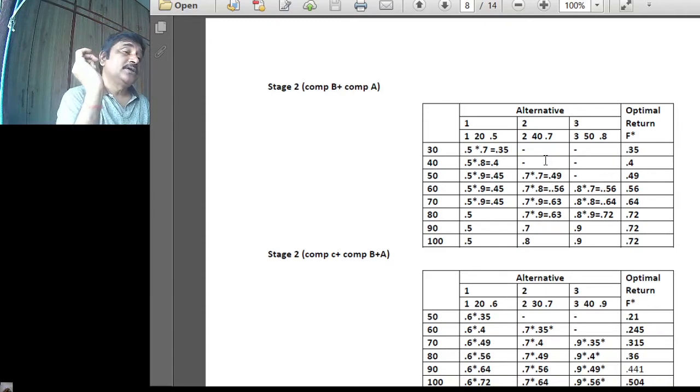How many rupees? 40 rupees are required just for component B, a 2 unit bank of component B, and after you consume 40 out of 40, from where will you purchase at least 1 unit of component A? That is not possible. These considerations you will have to make.